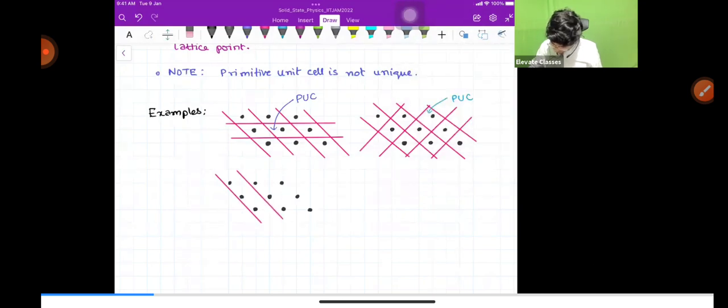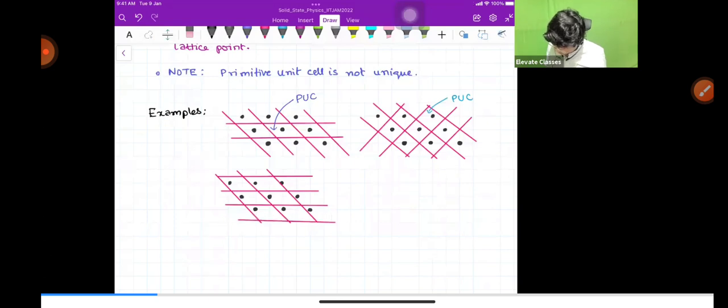The structure could be like this. So you should not think that this lattice point has to be at the center of the cell.